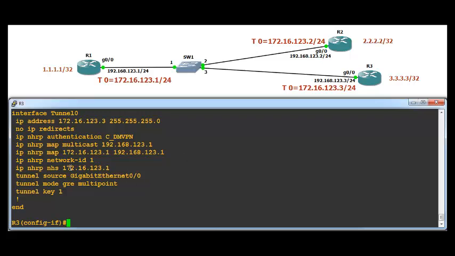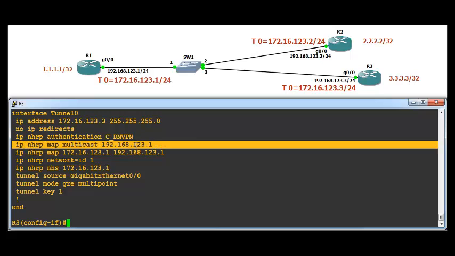Sometimes in the exam, they may put 192.168 here. It should not be. Remember one thing: the tunnel IP address always comes first, and then comes the physical IP address. Only when you send the multicast traffic will you be sending to the physical address. Remember, for routing protocols, I send to the physical address.